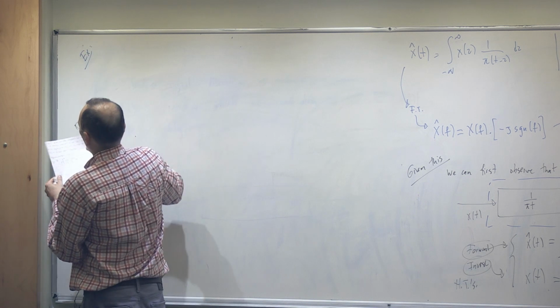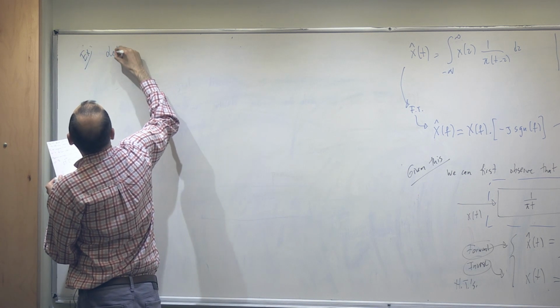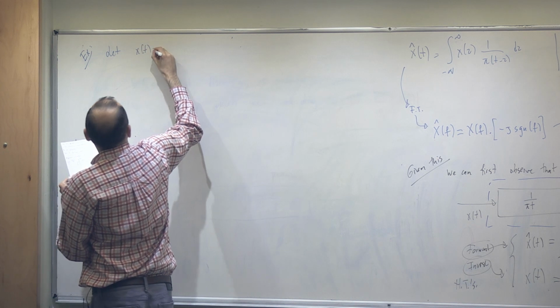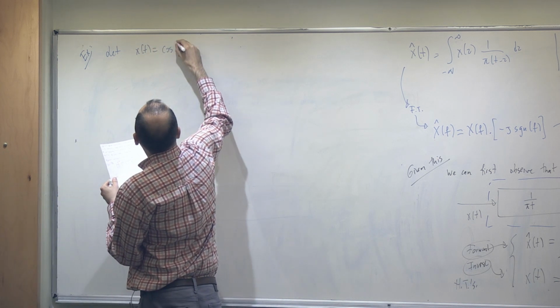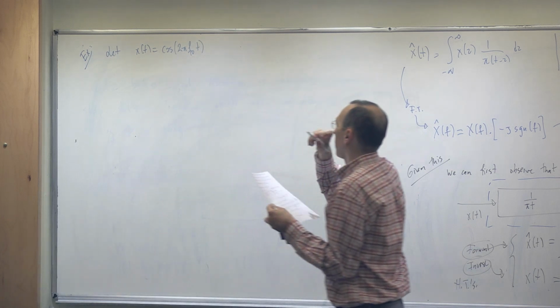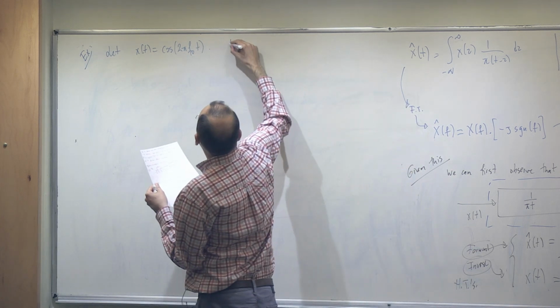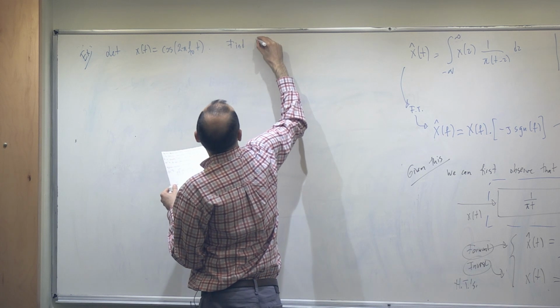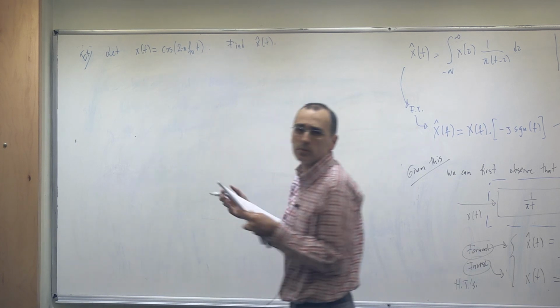Example. Let's say that x of t is cosine 2 pi f naught t. The question is to find x hat of t.